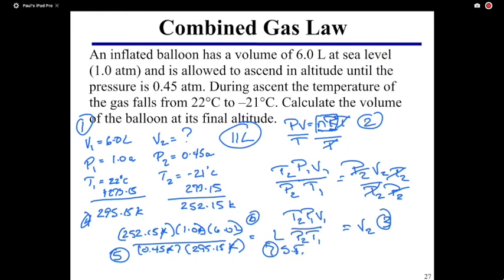Okay? And so that stepwise process works for condition 1, condition 2 problems, or it even works for PV equals nRT, because you'll only have far fewer variables.